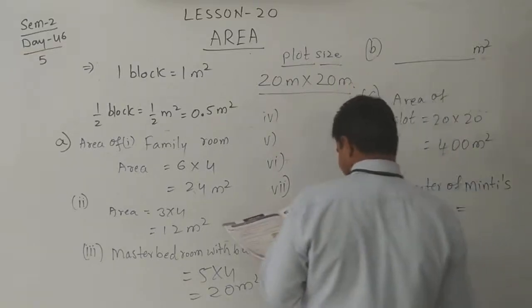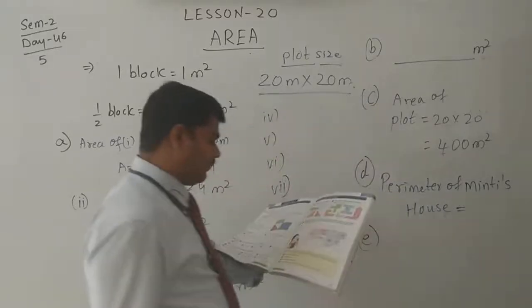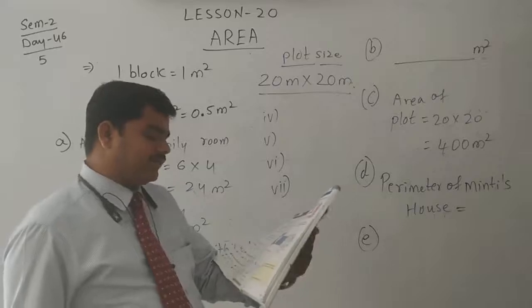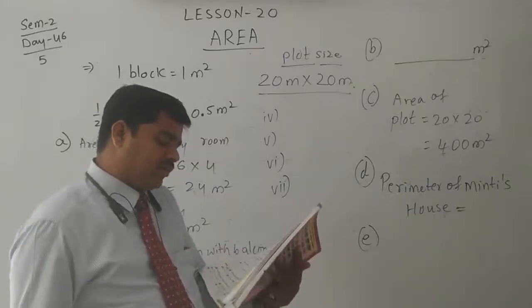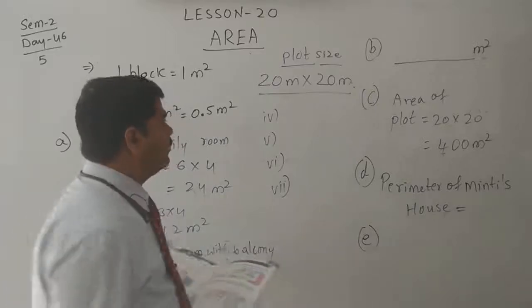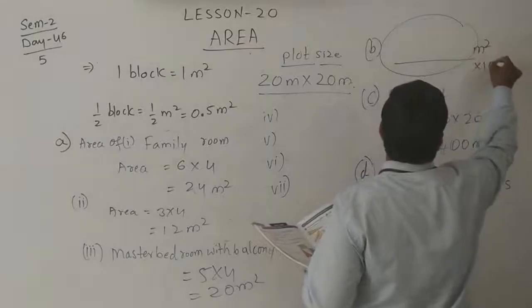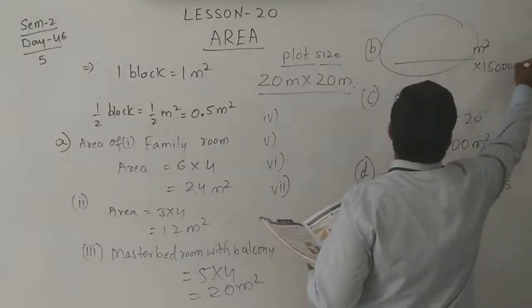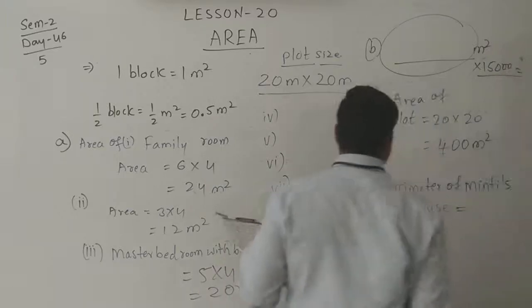After that, each one is very simple. If the rate of 1 meter square is 15,000, then what is the cost of Minty's house? What you calculated, this one you multiply by 15,000 rupees, then we get the total cost.